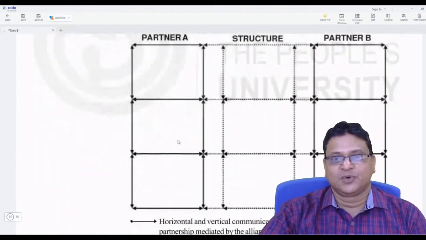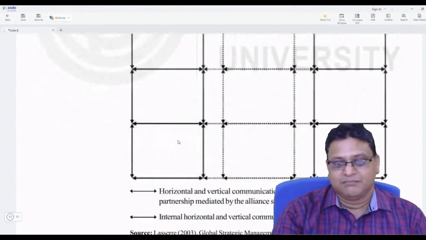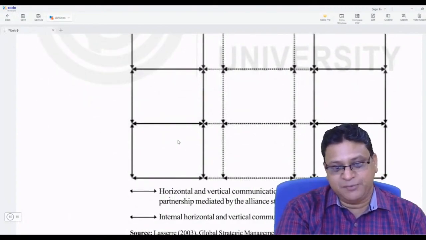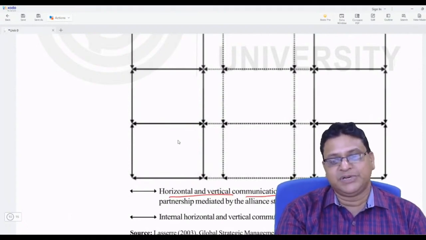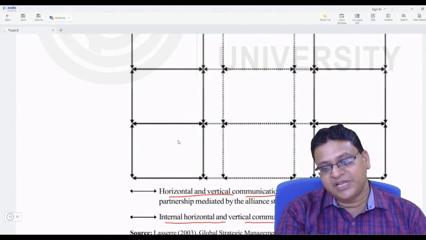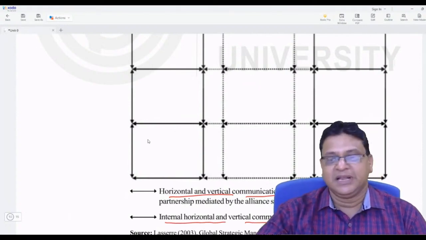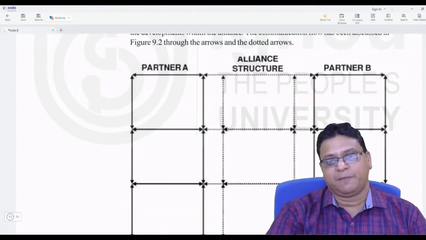In a global strategic alliance, there can be horizontal or vertical communication flows between partners. There can be internal, horizontal, and vertical communication flows within partners. This can be seen in the following structure.